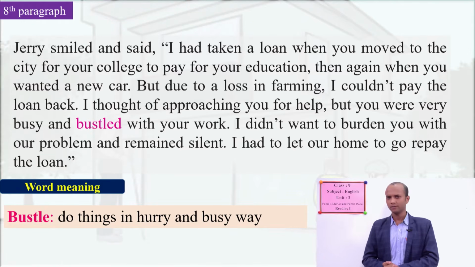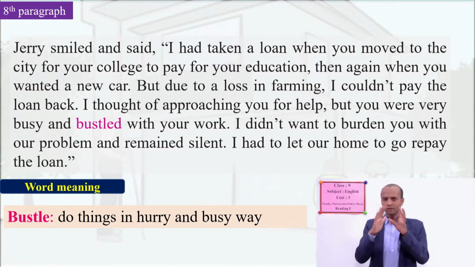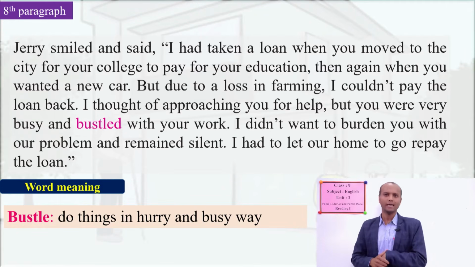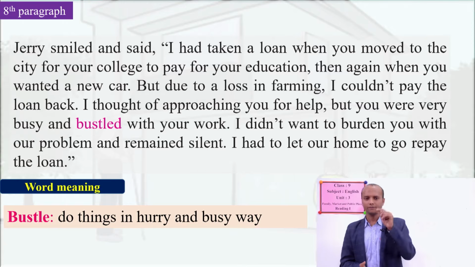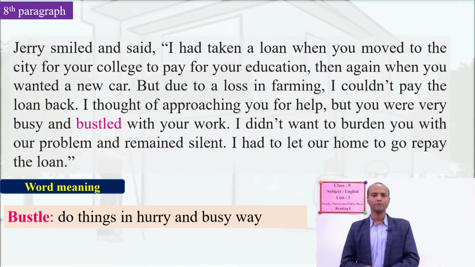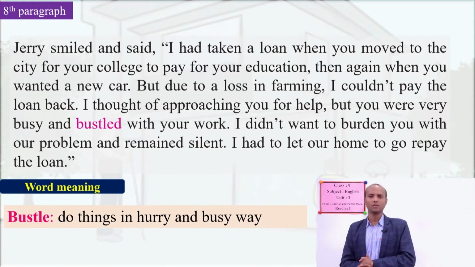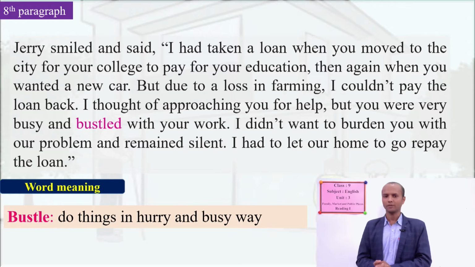Okay, have you finished? Now the father is explaining why he had to be there, in the graveyard where they were at the time. The father replied that, "I had taken a loan when you moved to the city for your college to pay for your education. Then again when you wanted a new car." That means he paid for the son's higher education as well as bought a car for him.